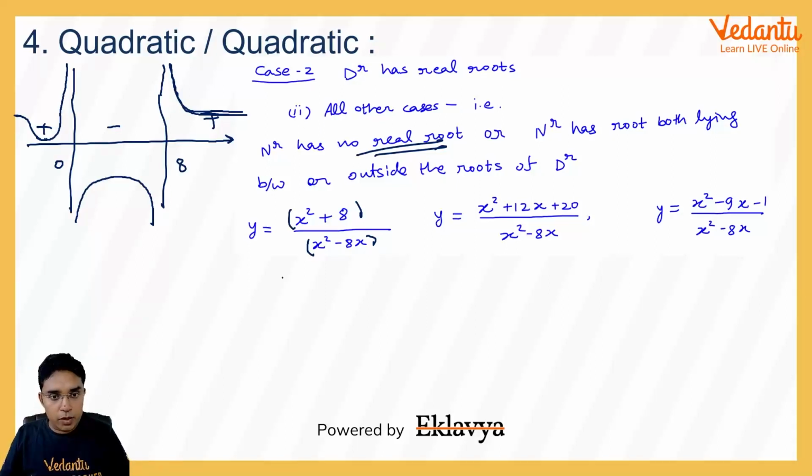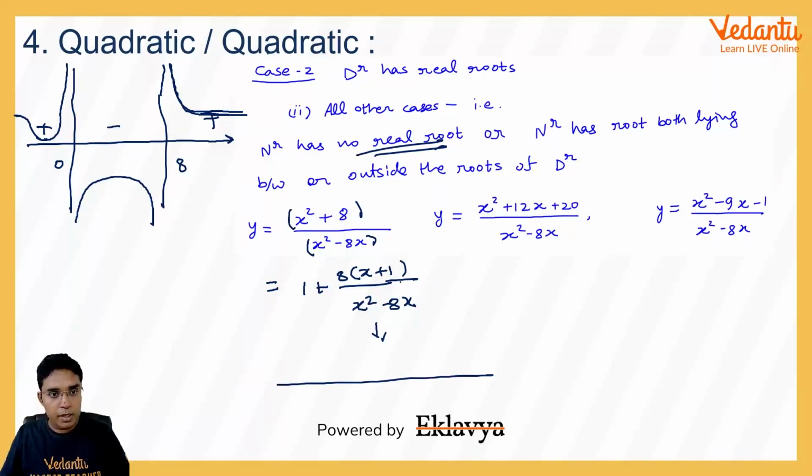Okay, actually you can write this as, if I write it, 1 plus 8 common, (x plus 1) upon (x square minus 8x). Okay, so if I draw the graph of this thing, if you remember linear upon quadratic, only linear upon quadratic, so the roots are 0, 8, 0, 8 and -1 here.